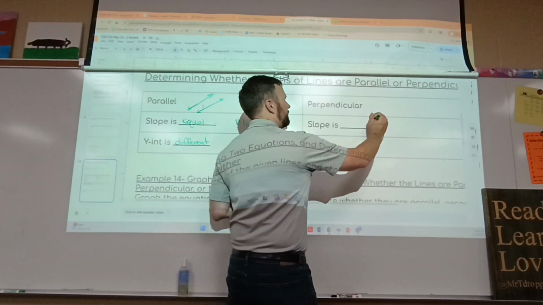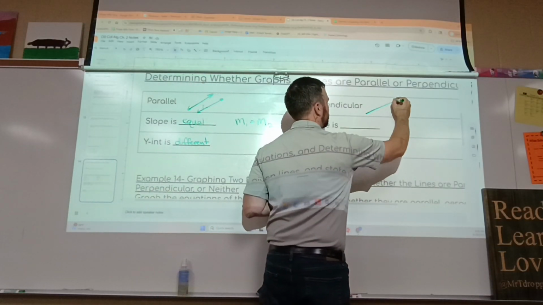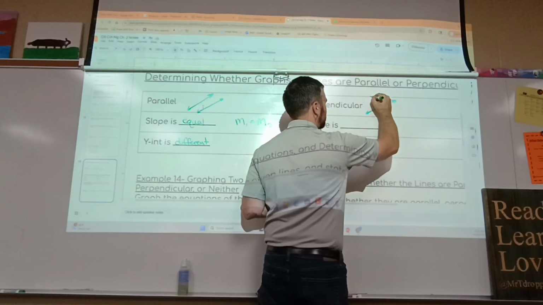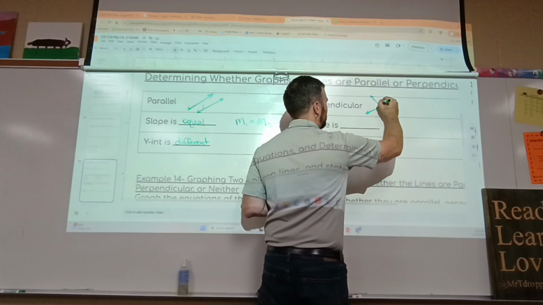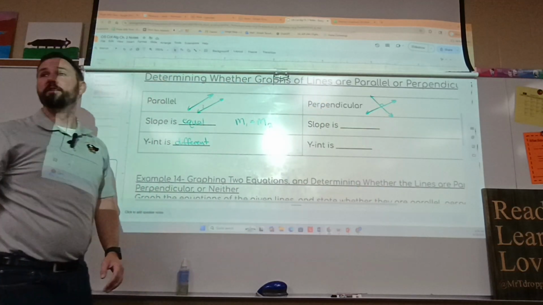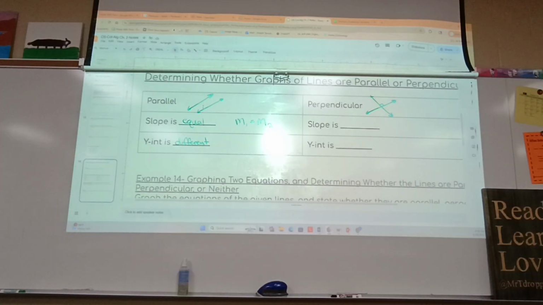Perpendicular, you guys, here's your new term for the day, orthogonal. Orthogonal lines mean that they are perpendicular to each other. We won't do anything with that. If you go onwards and upwards, orthogonal is a big deal. Vectors.